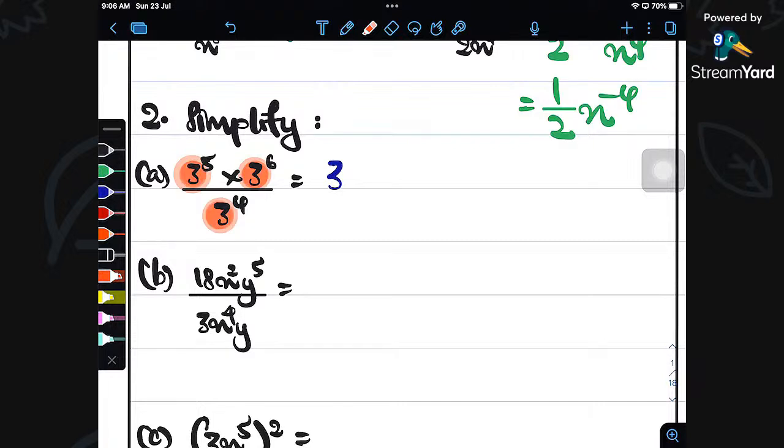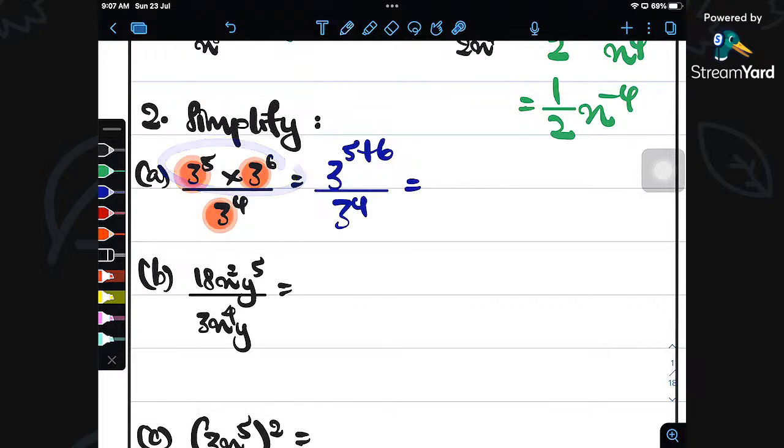Okay, therefore the base here is very important. What is changing? It's not changing. The power is becoming 5 plus 6 instead, divided with 3 to the power 4. 3 to the power 4 remain there. Nothing to be darab or tambah. Nothing changed there. The ones that changing is just above here.